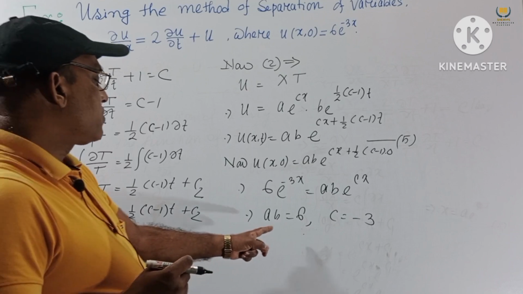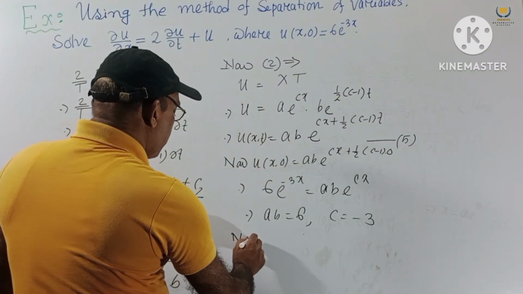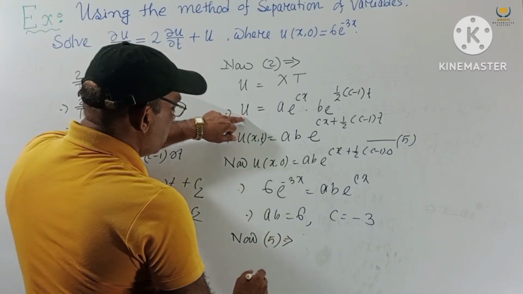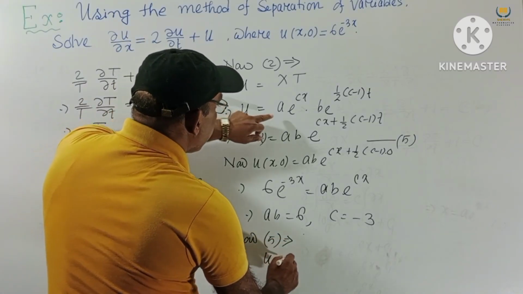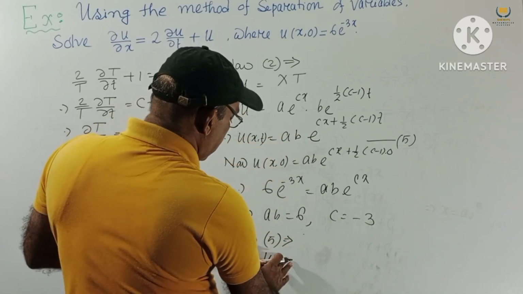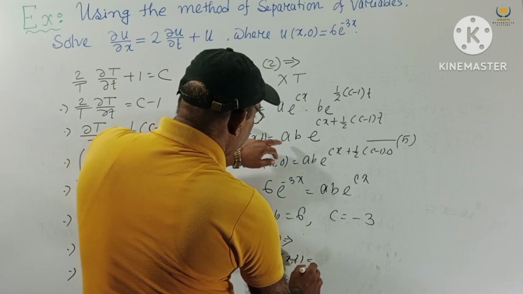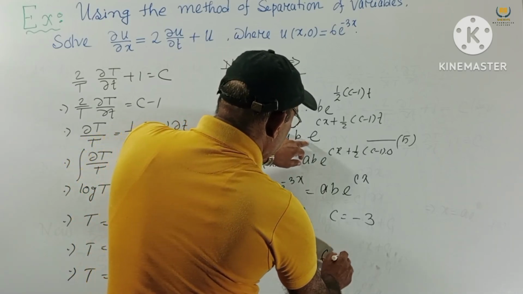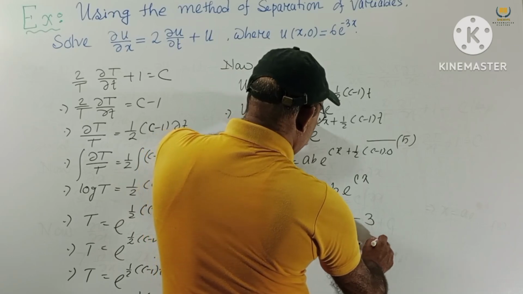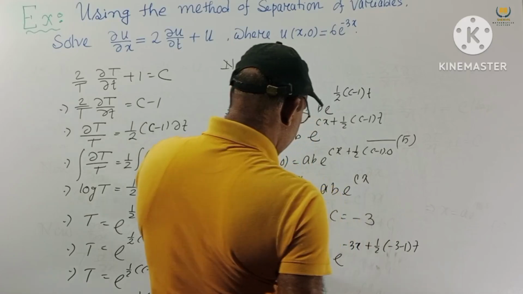Now putting these values in equation number 5. Now 5 implies u(x, t), AB is 6, c means minus 3, (1/2)(minus 3 minus 1)t.